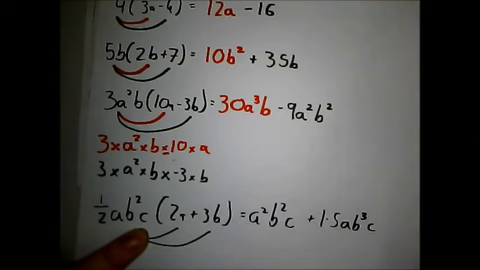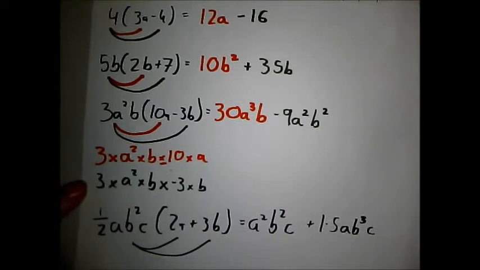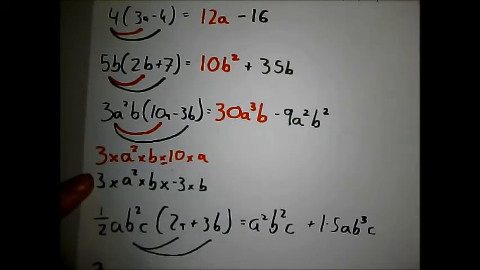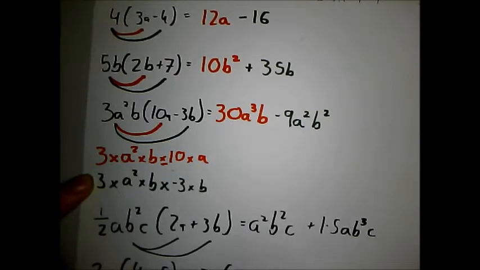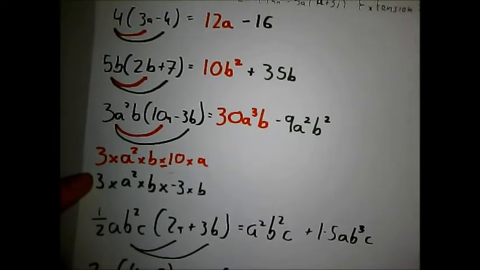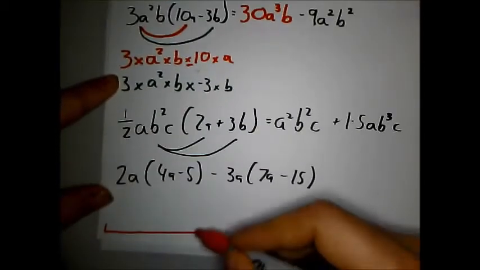Finally, question E, I have 2a, 4a minus 5, take away 3a, lots of 7a minus 15. Okay, so this one I'm going to write underneath. Okay, just so you can see that I'm going to end up with two bits here.